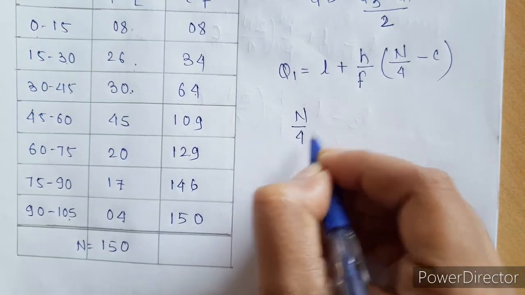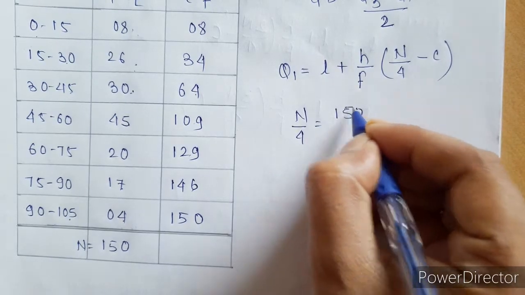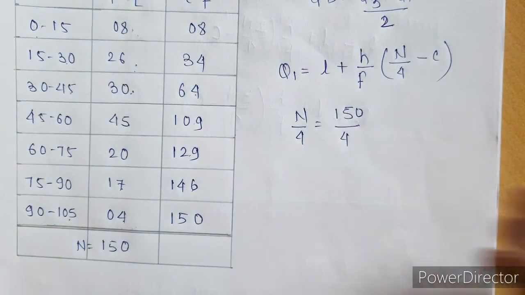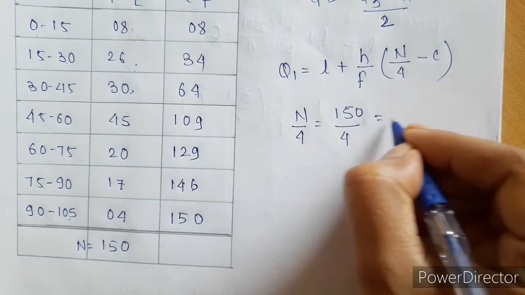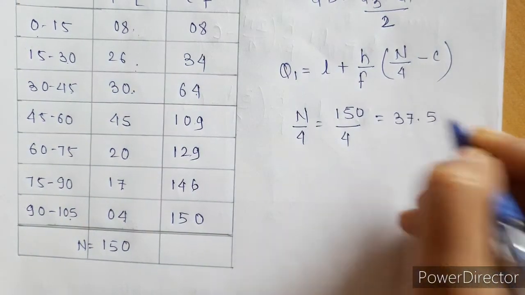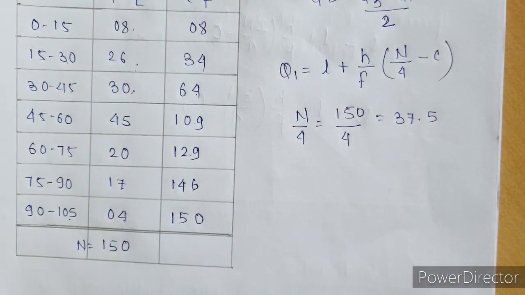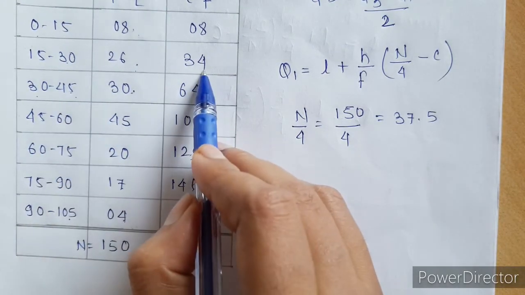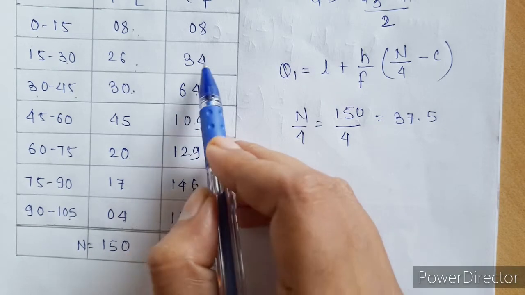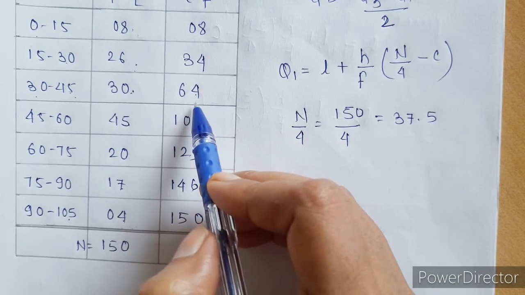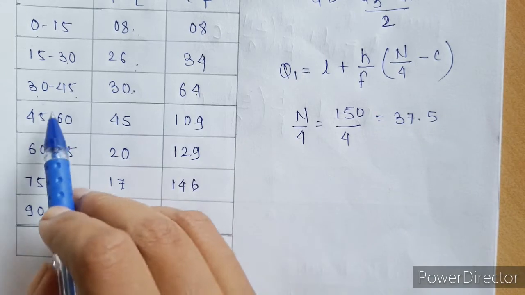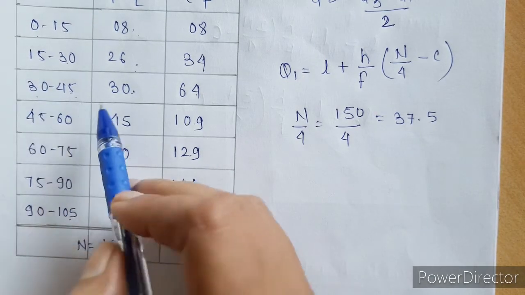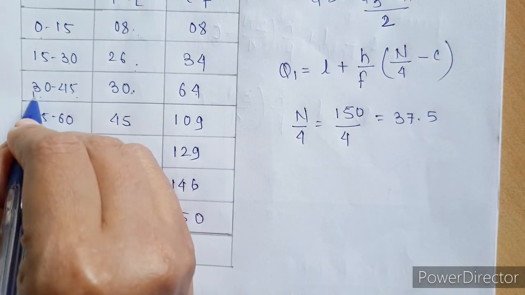So n by 4 is 150 upon 4, that is 37.5. Now the 37th observation will be in the class 30 to 45, as up to the previous class we have only 34 observations. So from 35 till 64 all the observations will be in the class 30 to 45.